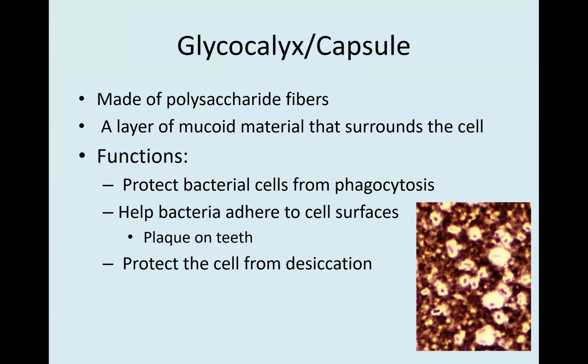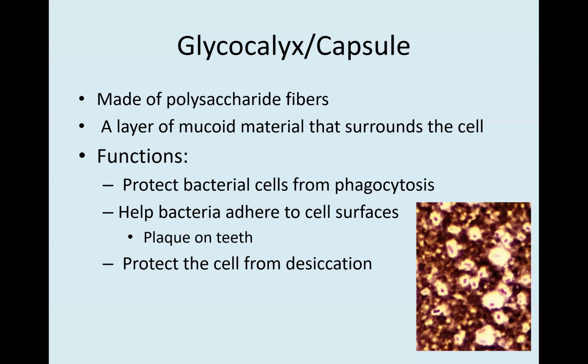Sometimes we discuss it as a capsule or a slime layer, but the ultimate function is that it helps protect the cell from drying out, so it prevents desiccation. It also helps protect bacterial cells from phagocytosis. Phagocytosis engulfs that bacteria. Our white blood cells in particular, macrophages and something called dendritic cells, are able to grab the bacteria, engulf it, and then break it down.